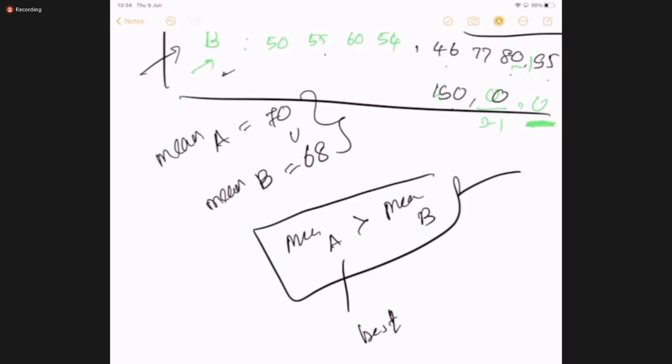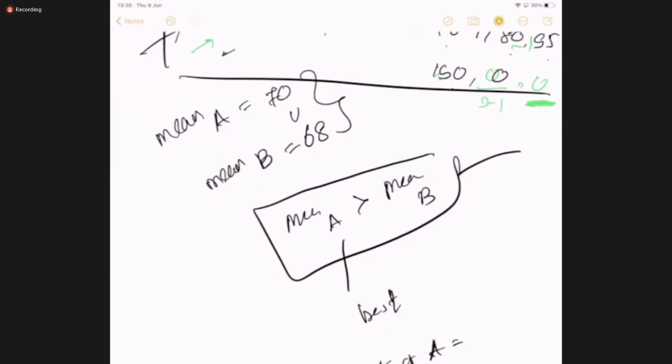Okay. Now, let's say we have found their variances. Actually we do not know, but let's say variance of A is around 8.